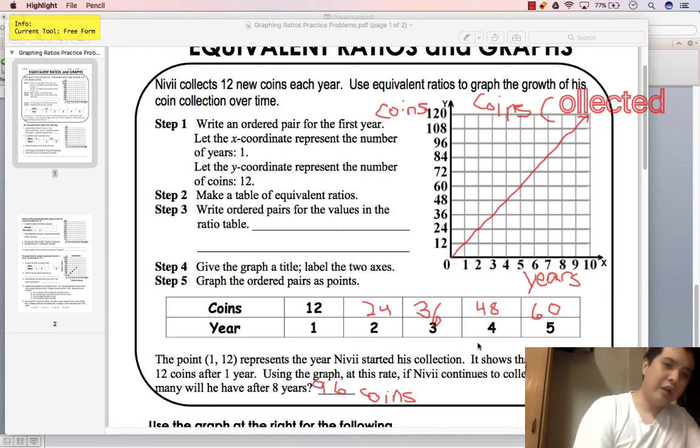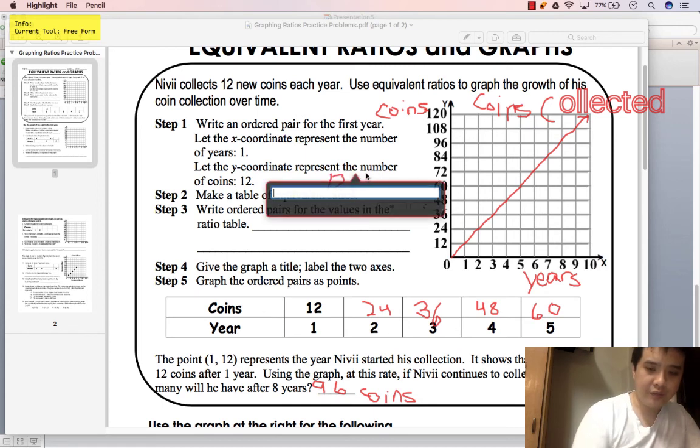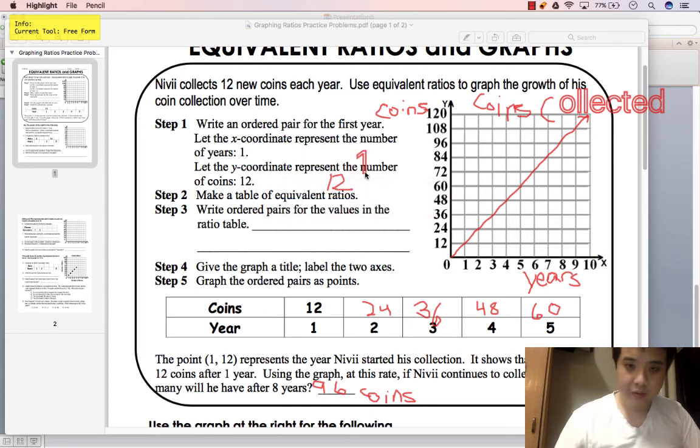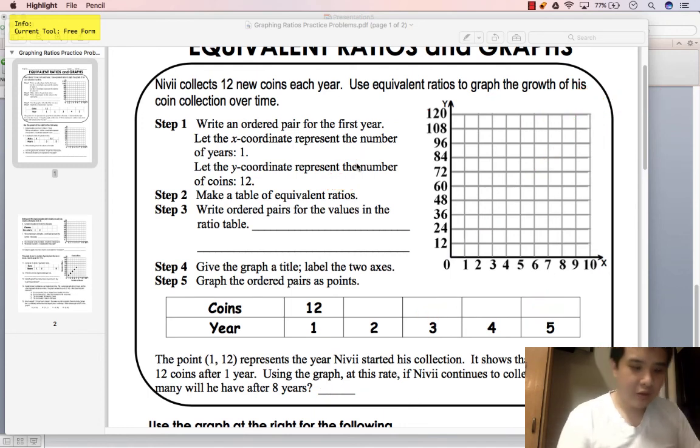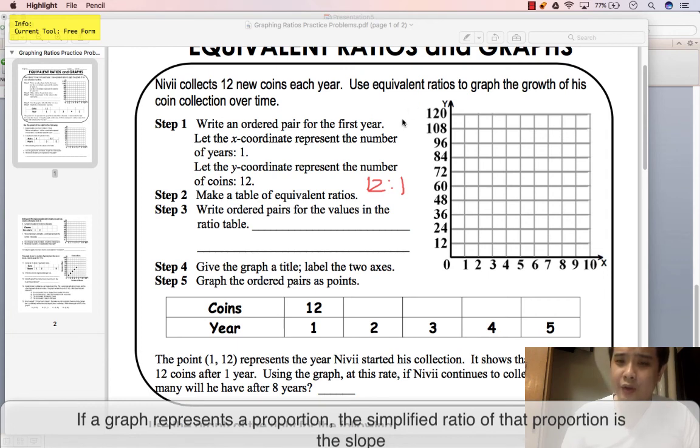And in this case, our ratio is 12 coins to 1 year. That's our ratio, and that's represented inside the slope. Because 12 is the rise, that's coins, and years is the x, 12 to 1. Okay?